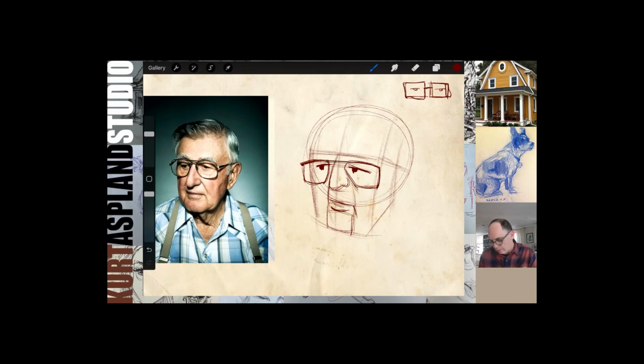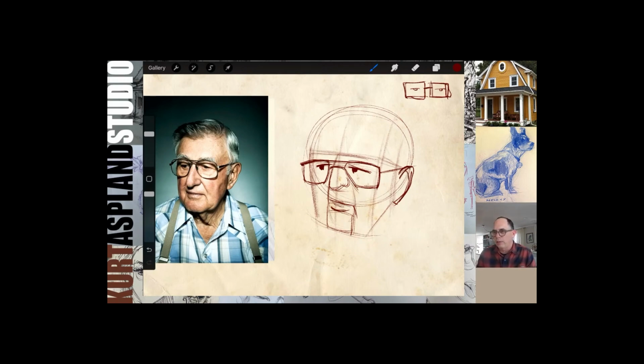Okay, so that top part of those glasses come across. And we have a bridge coming over. That goes back toward the ear there. Now, that ear is huge. Ears tend to get bigger as we grow with age. So let's just drop that in there, and we're going to talk about ears in detail another week.